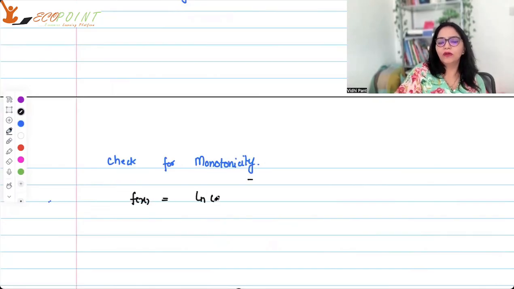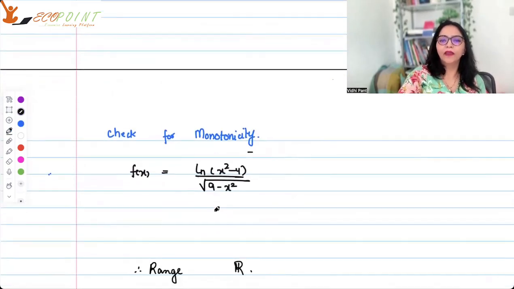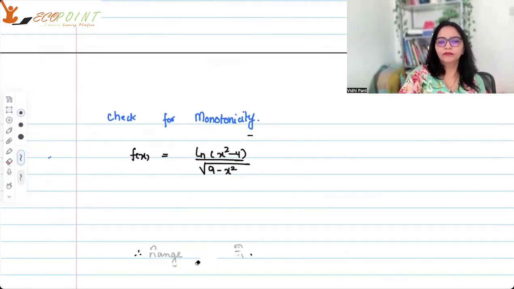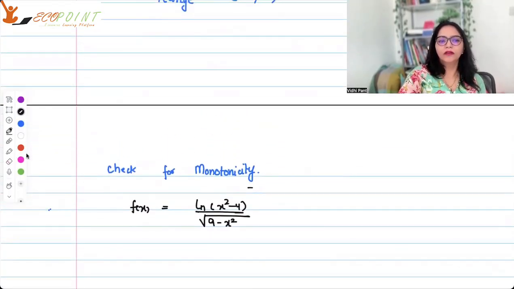Now your function f(x), let me just rewrite. It is log of x square minus 4 upon square root of 9 minus x square, right? Now tell me something.